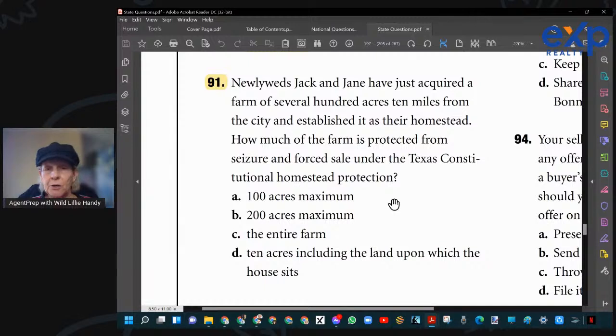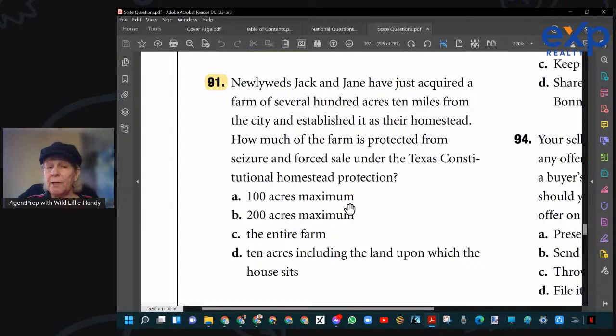So if they go in debt and creditors start coming after them, those creditors cannot attack at least 200 acres. Anything over 200 acres could be at risk for seizure, okay?